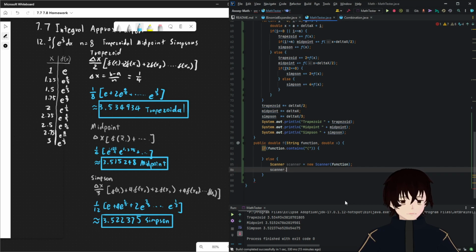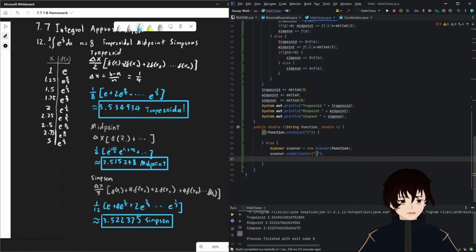Let's use the delimiter. Let's say we force you to use spaces to make things easier for myself. Oh, but it already uses space by default, doesn't it? The delimiter is already a space by default. Well, we'll leave it in there. It looks nice.